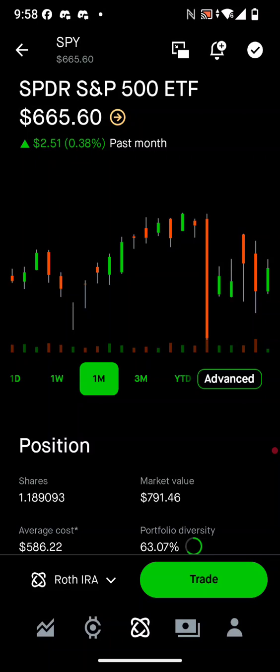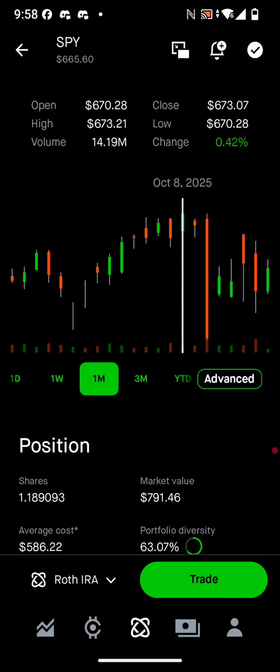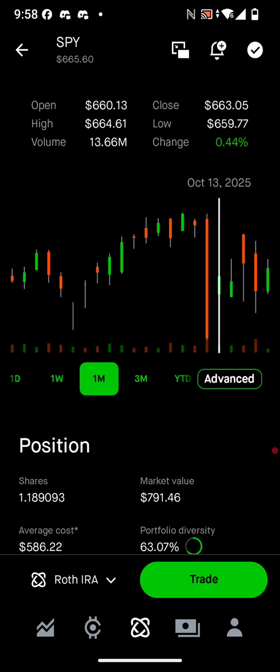What this candle tells me is that at the top of this range, 673, we got big boy sellers. They're guarding all-time highs, so anytime it gets close up here, it's going to sell off hard. It closed at 653, but if you go to the next candle, it opened at 660.